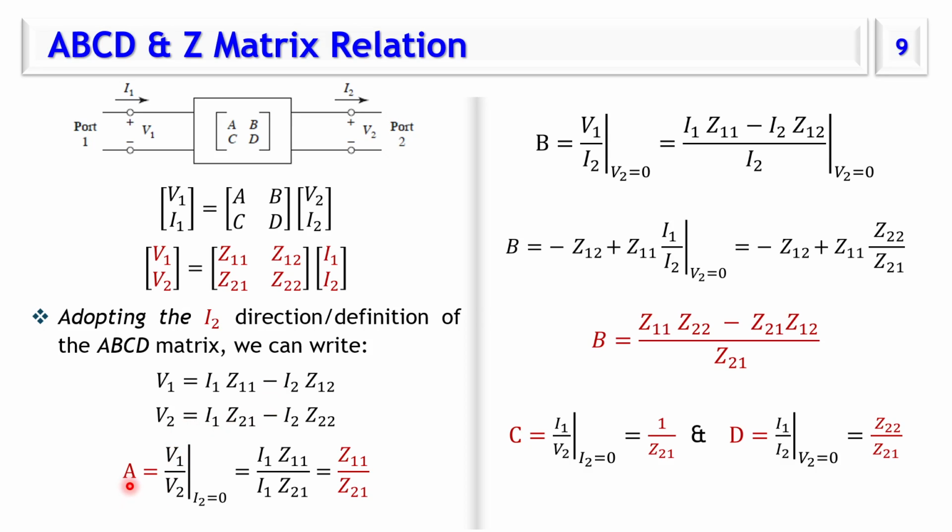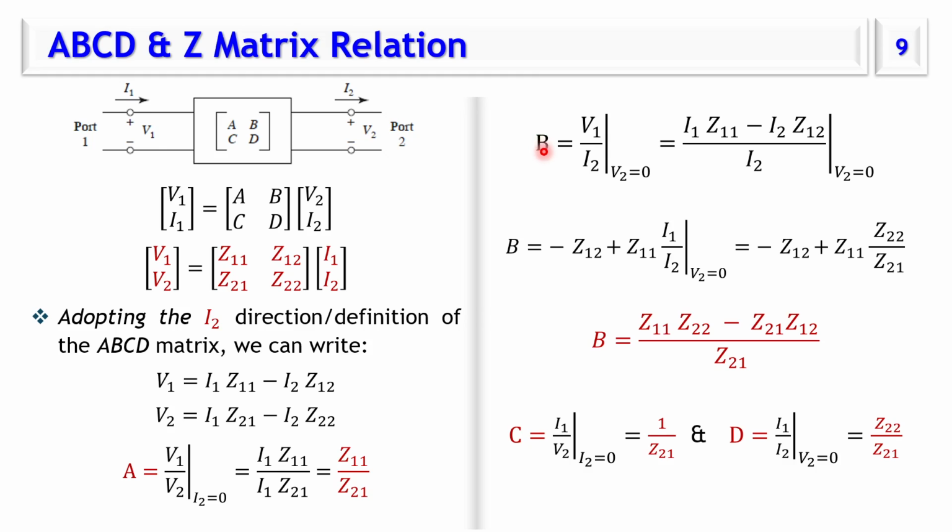So A equals V1 over V2 when I2 equals 0. If I2 equals 0, V1 will equal I1 Z11, V2 will equal I1 Z21. So A will equal Z11 divided by Z21.